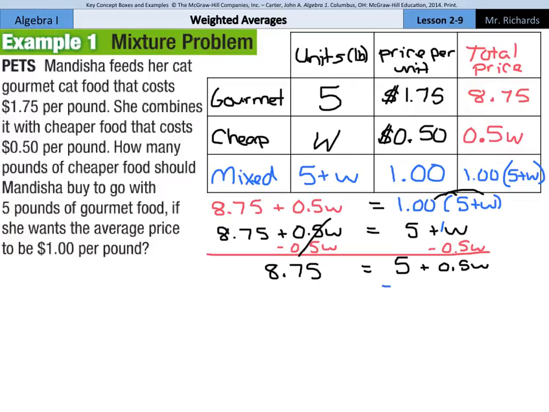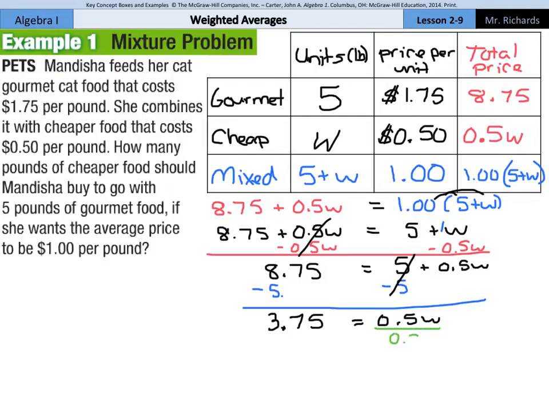Now I need to move this 5, so we'll subtract 5 from both sides. We're left with $3.75 is going to equal 0.5 W. Lastly, divide by the 0.5 on both sides. $3.75 divided by 0.5 is 7 5/10, equals my W. What does this tell me?